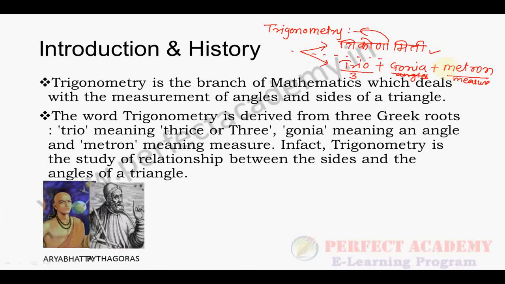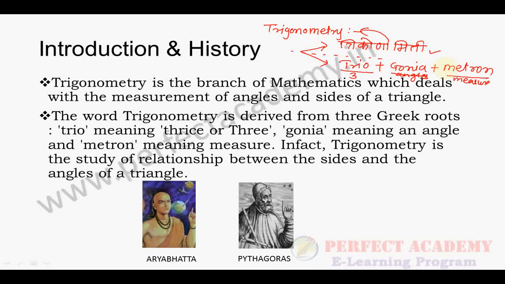Here are these two gentlemen who have contributed immensely in the field of trigonometry: the great Indian mathematician Aryabhatta and the great Greek mathematician Pythagoras, who has given us one of the basic theorems about the right angle triangle, which can be said to be the basic theorem of geometry.